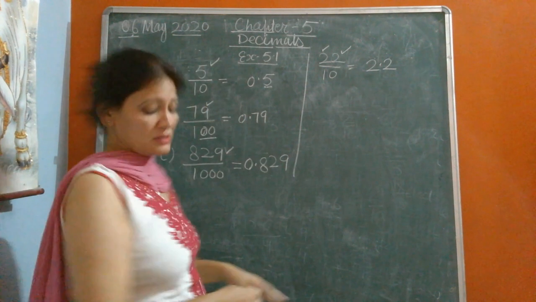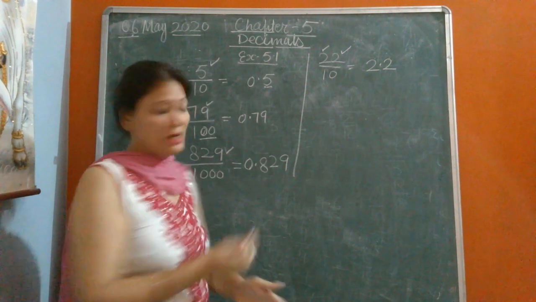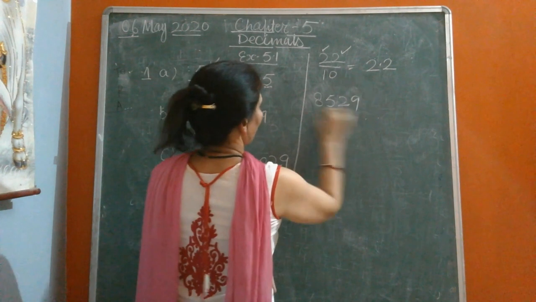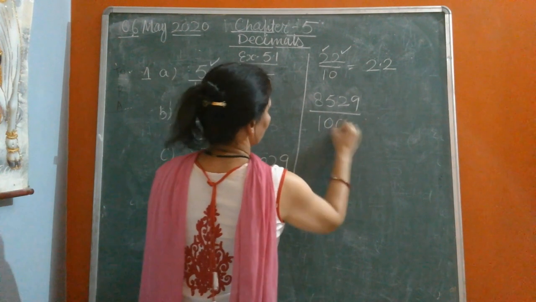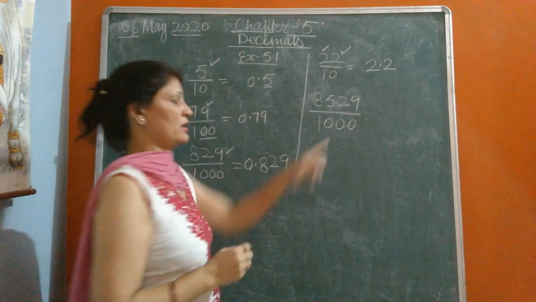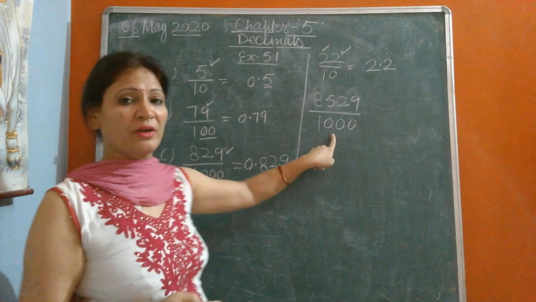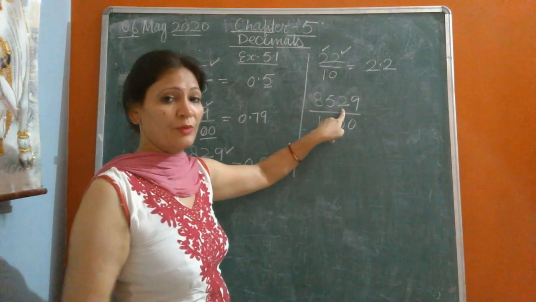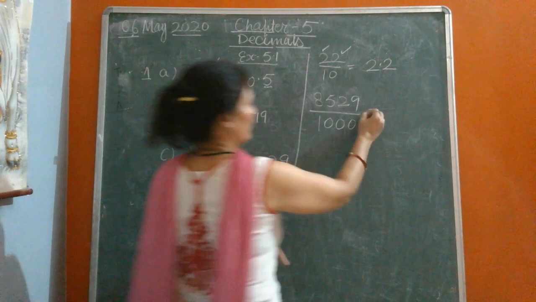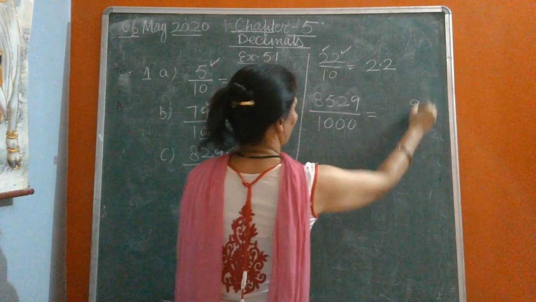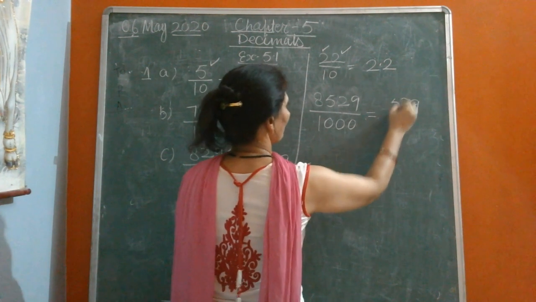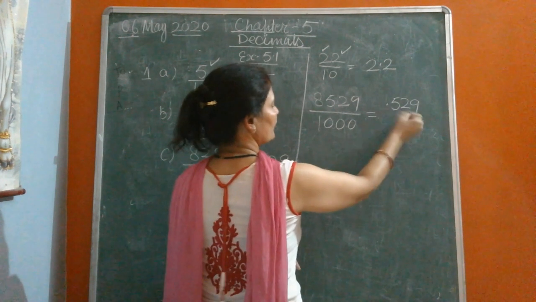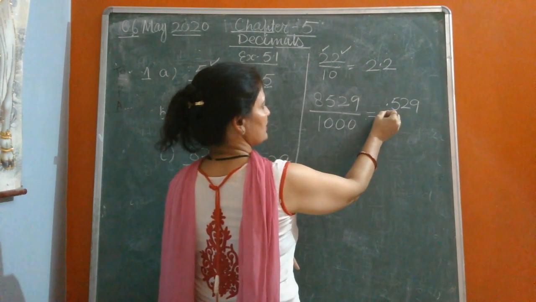Next, take one more example. 8529 upon 1000. Now in the denominator there are 3 zeros. Count 3 digits of the numerator from the right hand side: 9, 2, 5, and put the decimal before these 3 digits.